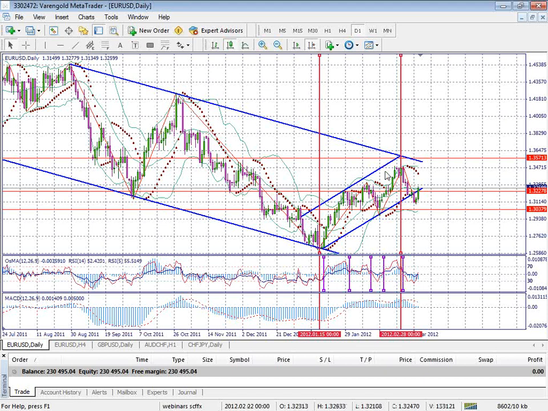I think that now is a period when it's very difficult for a trader to be in the market, when we are at the intersection of two channels that are very strong.